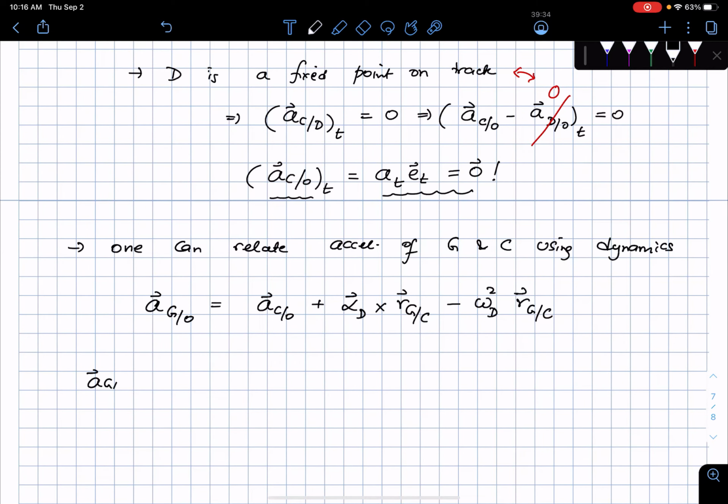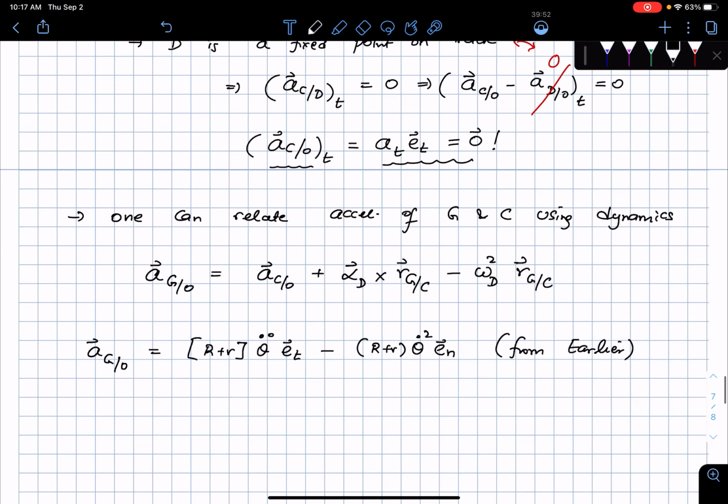Acceleration of G slash O is from before r plus r theta double dot in the Et direction, r plus r theta dot square in the En direction from earlier. Acceleration of C slash O is going to be 0 in the tangential direction, and then some unknown value in the normal direction.